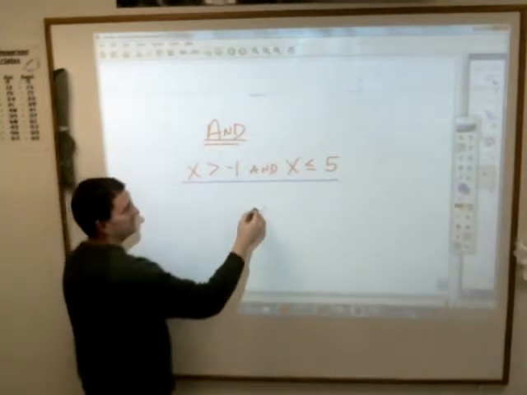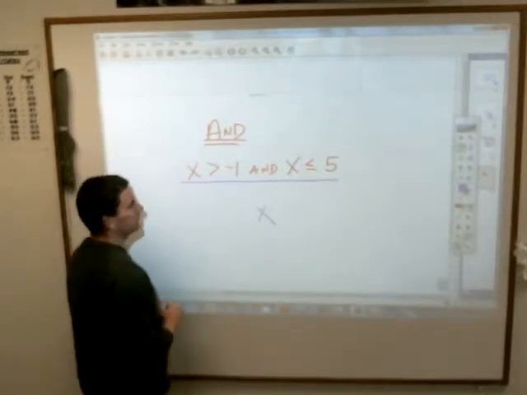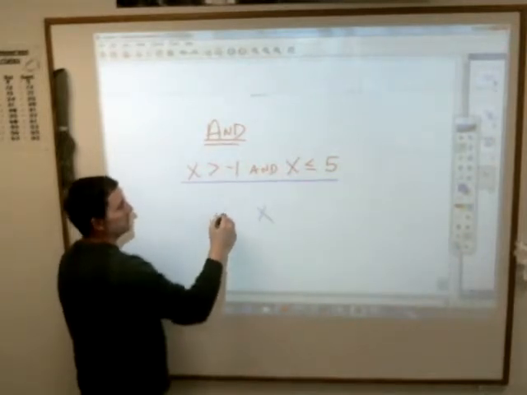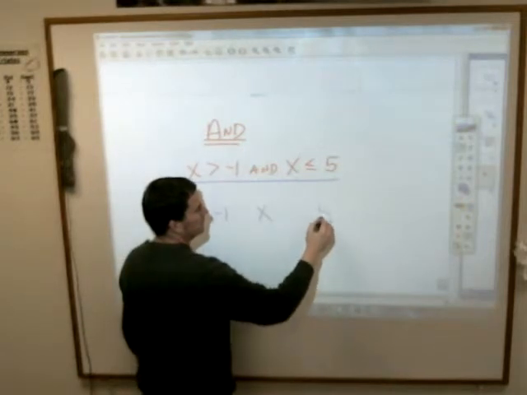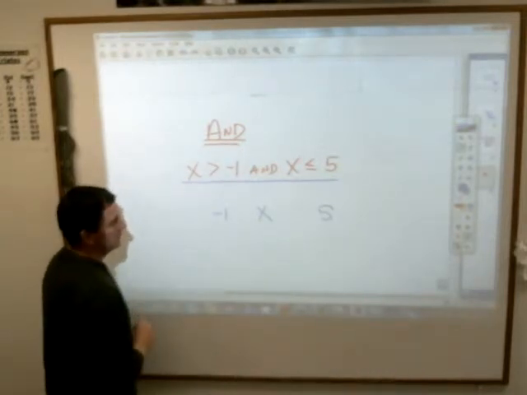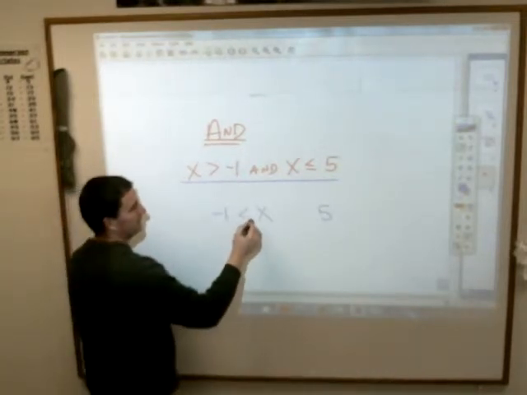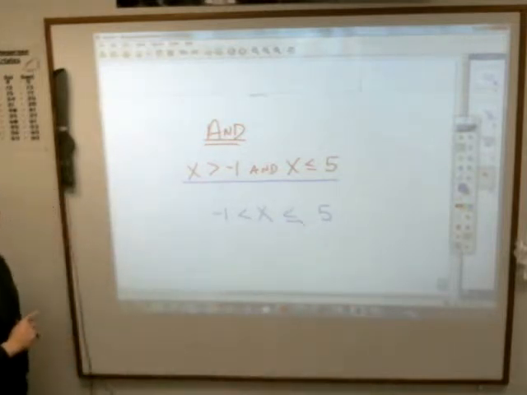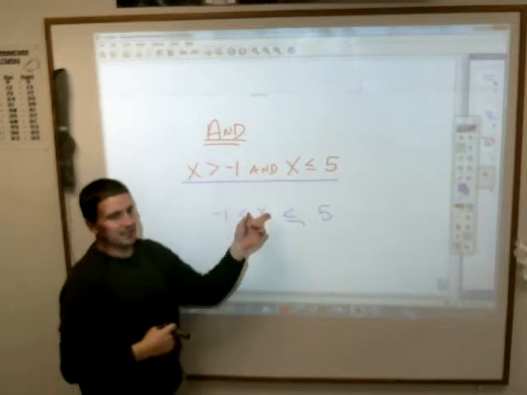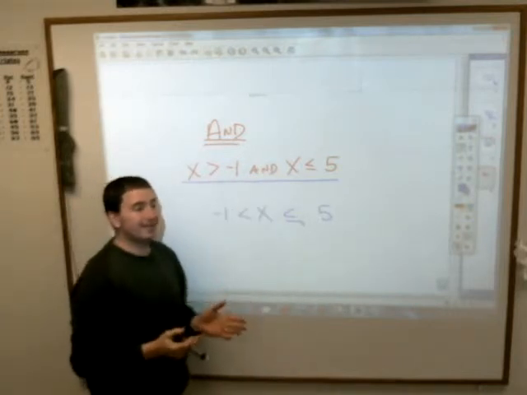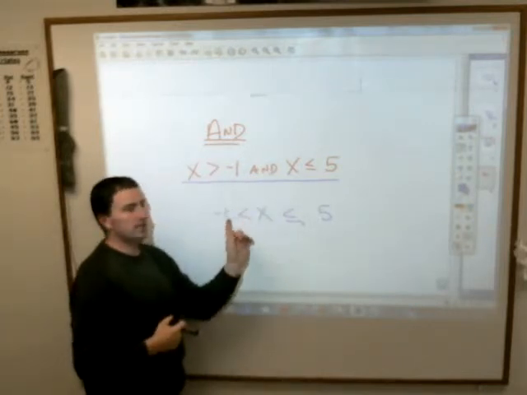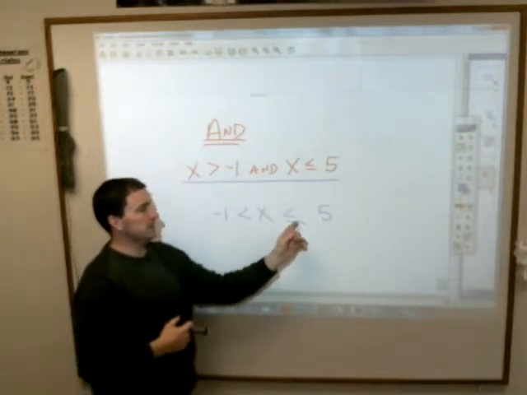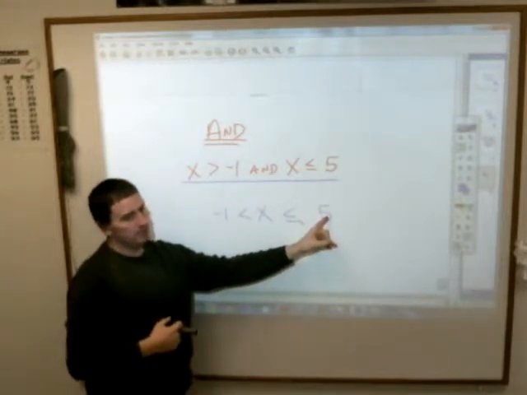You put the x in the middle. You put the smaller one to the left side, the bigger one to the right side, and you have these signs like this. This is the same thing as that, they just put it together, and it's read like this: x is greater than -1 and less than or equal to 5.